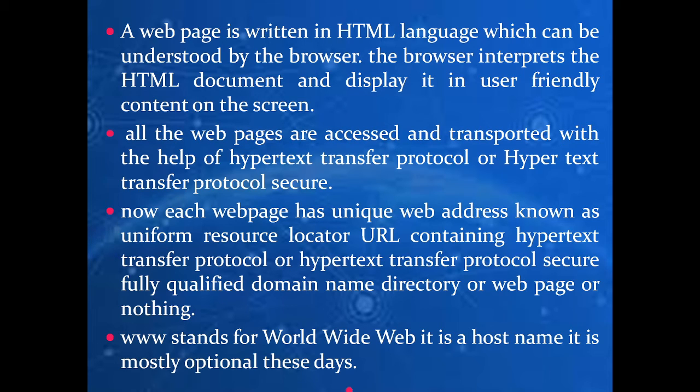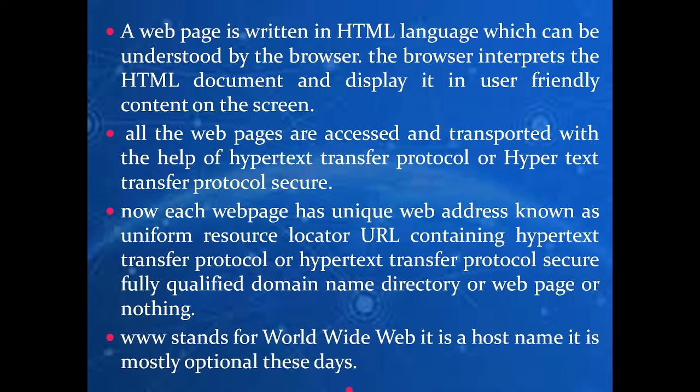The browser interprets the HTML document and displays it as user-friendly content on the screen. All the web pages are accessed and transported with the help of Hypertext Transfer Protocol or Hypertext Transfer Protocol Secure. Now, each web page has a unique web address known as Uniform Resource Locator.